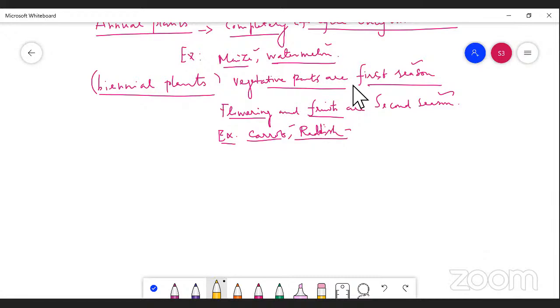In perennial plants, the flowers and fruits are produced during the lifetime. There are two types.